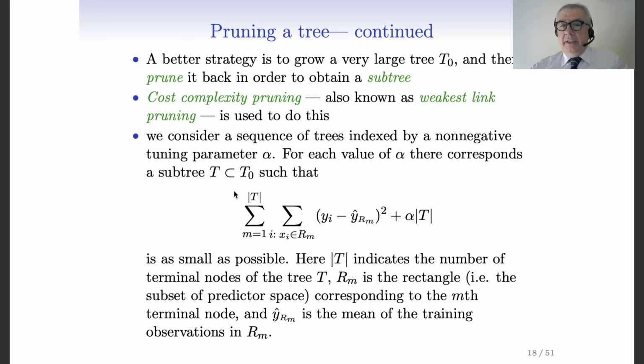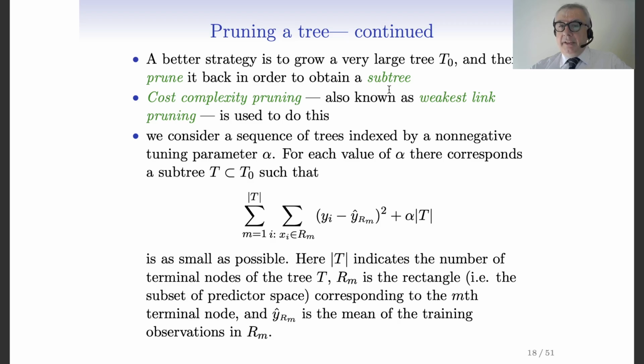approach, and the approach is based on the idea of pruning. So we are still using the metaphoric image of the physical tree, and so pruning means that you are cutting some branches, and this is what a gardener will do to have a stronger plant. And the idea is I will grow a large tree, we call it T0, and then we will prune it in order to obtain a subtree.